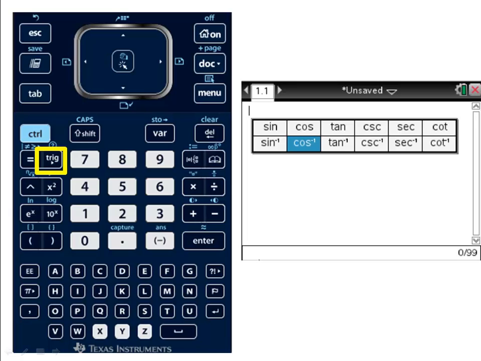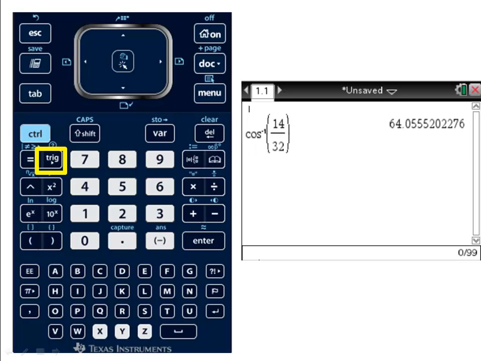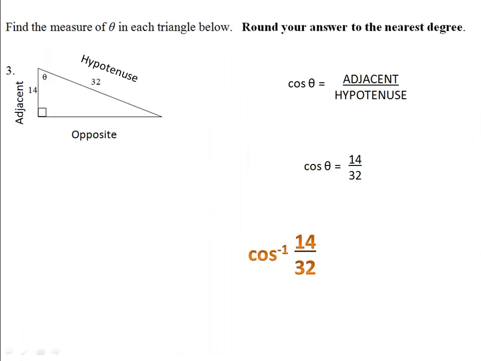That brings up a little menu like this, and you select cosine inverse, cosine with a little -1. You put the fraction 14 over 32 in, and once again it shows up about 64 degrees. And so the measure of the angle is approximately 64 degrees. Now, if your calculator displays something different, not 64, it's possible you have it set in radian mode, and you need to switch the mode back to degrees.